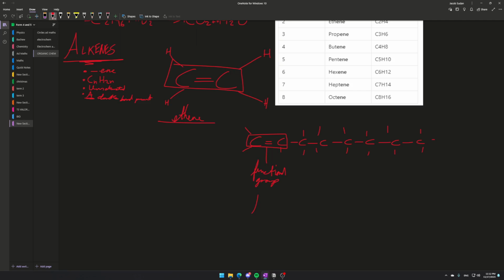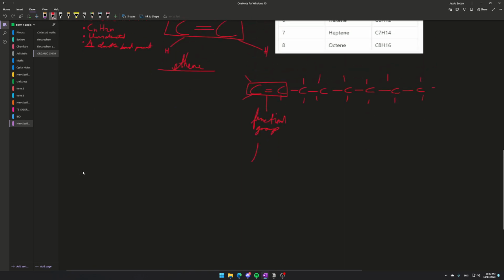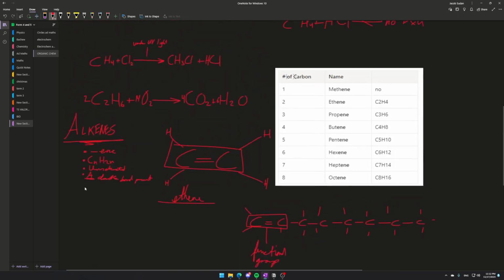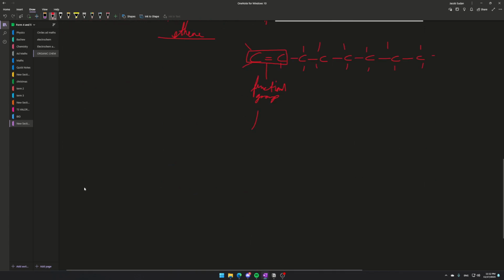Okay? So let's say we had C double bond C. We had this element here, and we wanted to react it with HCl. We would get this.